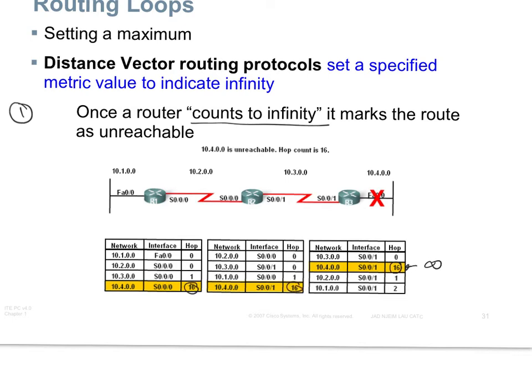So I will set this route metric to infinity. This essentially has the same effect, because if I cross it from the routing table, the packets will never use this route.